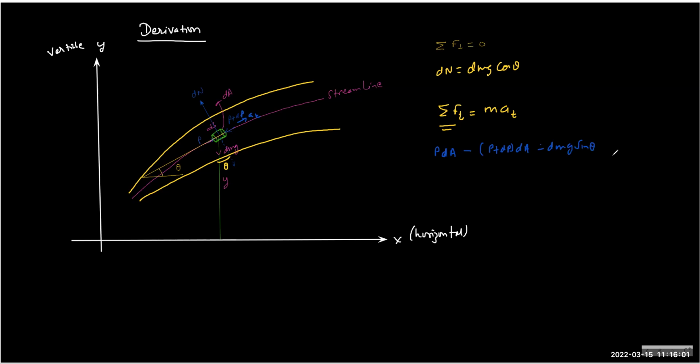The gravity will also have a component, and this must be equal to dm into tangential acceleration. Is this clear to everyone? Check this out. Does it make any sense? Yes. Okay.